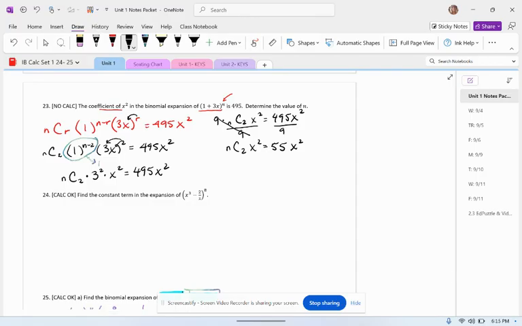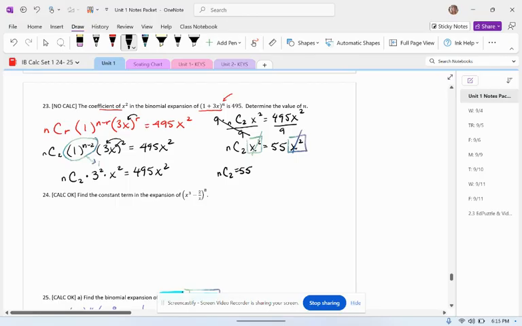That would be eliminating a possible solution to this equation, right? If x squared is on both sides, x equals 0 would be a solution, and we wouldn't want to just divide both sides and get rid of the x squared. But for the purposes of figuring out what n choose 2 equals, we can disregard these two pieces here. We are now left with n choose 2 equals 55.